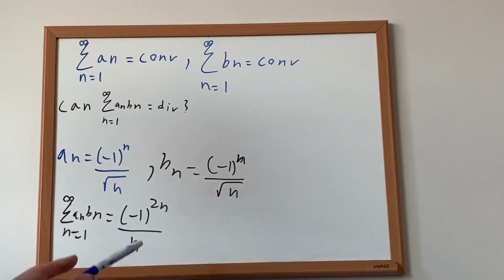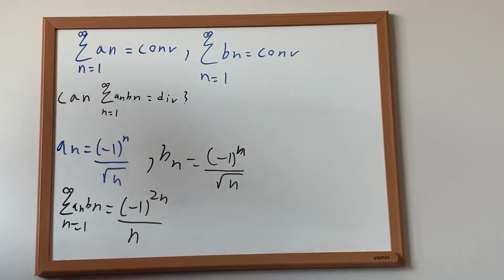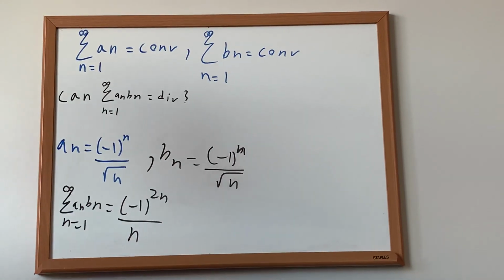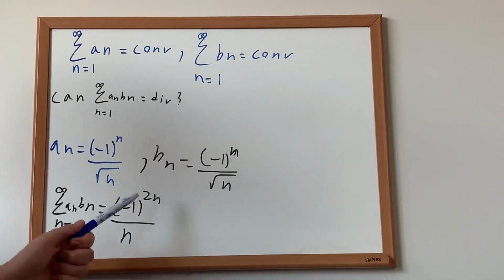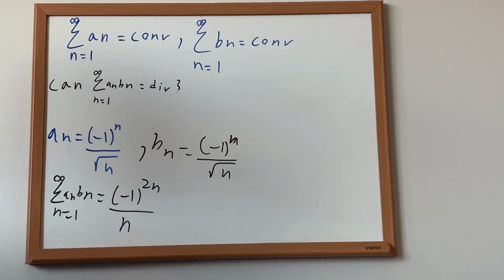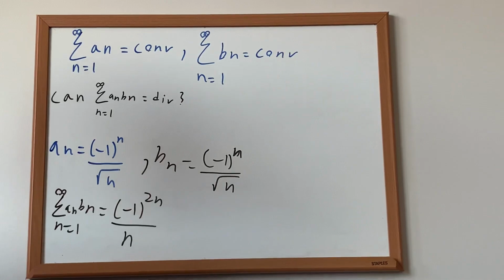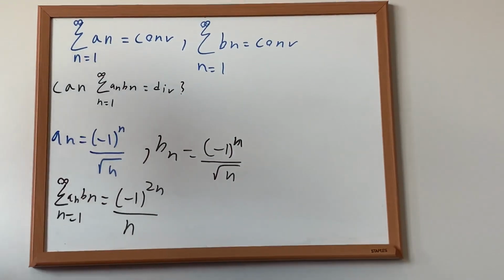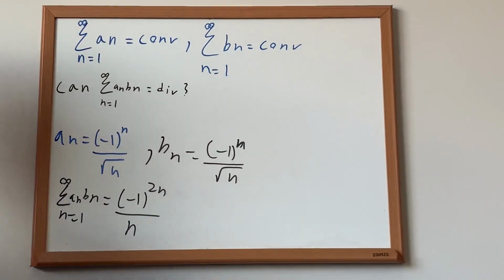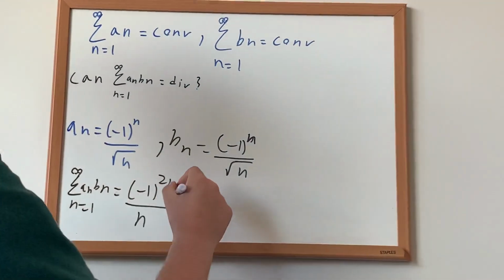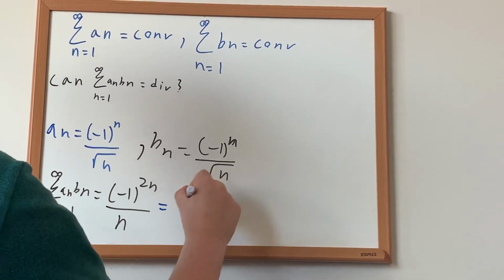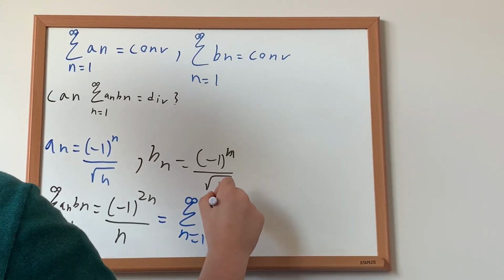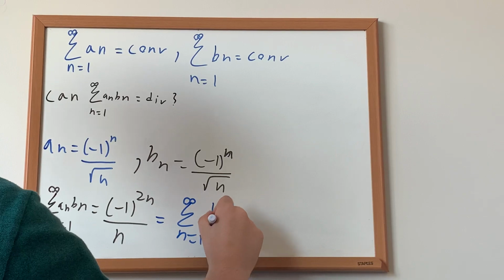If n is 1, we get negative 1 to the power of 2. And because the power is 2 times n, the power of the numerator will be even for every value of n, and negative 1 to the power of any even number is just 1. So we can replace negative 1 to the power of 2n with 1, and write this as the series from n equals 1 to infinity of 1 over n.